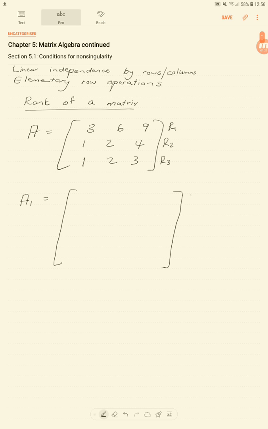In this case, row 3 will become row 4, row 2 will become row 5, and row 1 from the previous matrix will become row 6. This means our new matrix will look like this. So I interchanged row 3 and row 1.